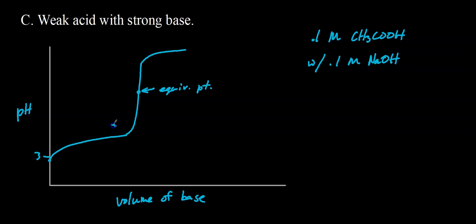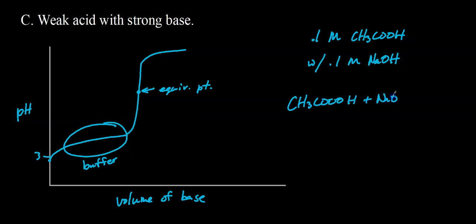Interestingly enough, this region right here, the solution behaves as a buffer. So as we're titrating, the acetic acid is reacting, but that reaction is producing acetate. So if we look at the balanced equation for the reaction between sodium hydroxide and acetic acid, we get water and sodium acetate.